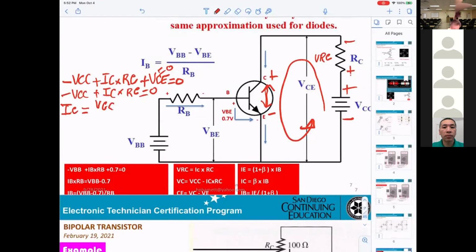You want to move the VCC to the other side of the equation, and then you'll be left with IC times RC equal VCC.